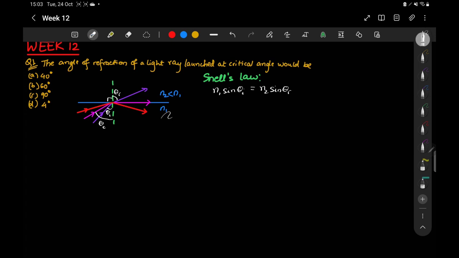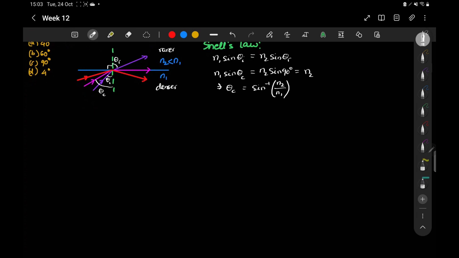So this is the denser medium and this is the rarer medium. So this case will happen only when we move from a denser medium to a rarer medium. So at critical angle, the refraction angle is 90 degrees. And this is my critical angle, the angle of incidence for which this happens.